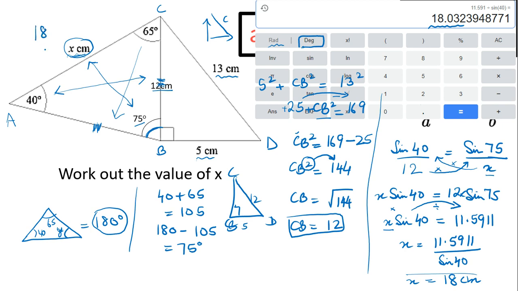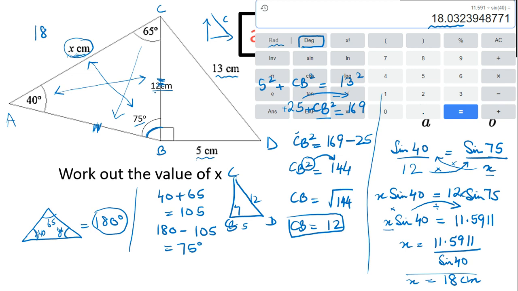Again, just to have an overview, first of all, it's very important when we're dealing with questions like these that we always remember that all the angles in a triangle add up to 180, and this information is going to give us the third angle that is missing.